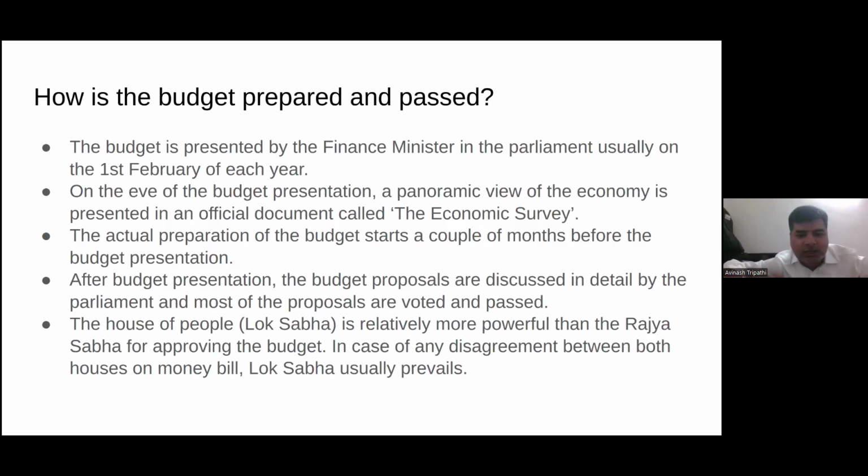They can return certain proposals, but whether those suggestions are going to be accepted by the Lok Sabha or not is not mandatory, not obligatory. So as far as the budget process is concerned, the Lok Sabha is extremely important. It is much more powerful than Rajya Sabha.